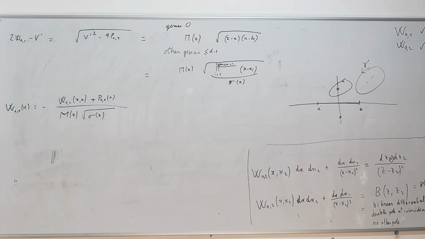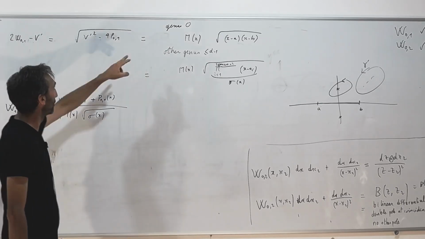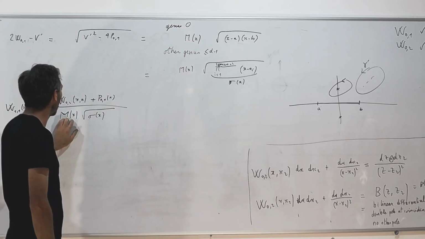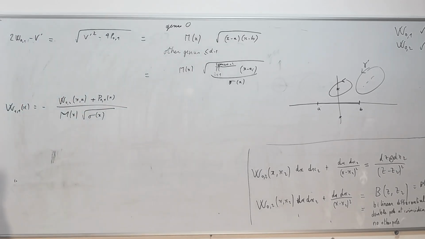And if you think about it, there is exactly the same number of zeros. In the genus 0 case, M has exactly the same number of zeros as the number of unknown coefficients in P11. And again, this totally fixes P11 in the genus 0 case. In higher genus case, in general, this is fixed by filling fractions.